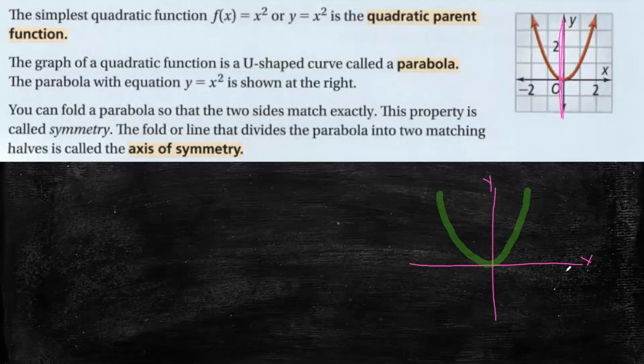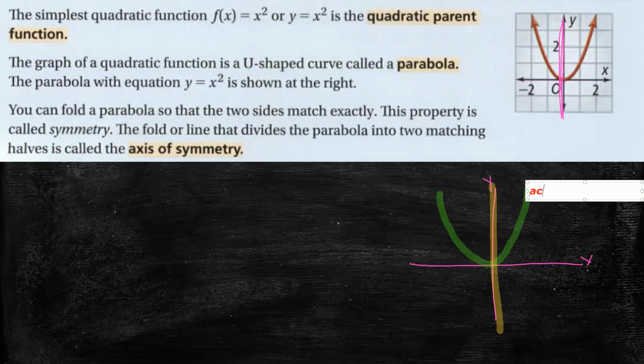This is the axis that cuts the shape into two equal halves, the y axis. So the axis of symmetry here is what? The y axis.